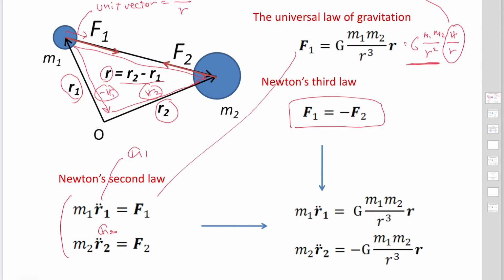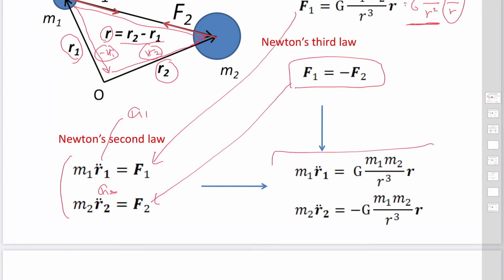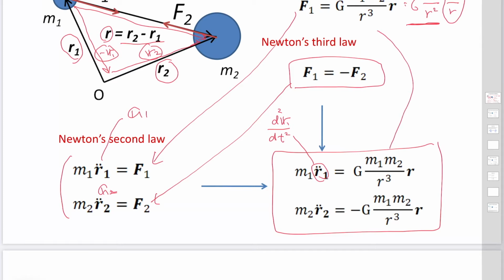Then you can substitute F sub 1 and F sub 2 here, and you will get the equation of motion for the two objects: m sub 1 r sub 1 double dot. Dot means a derivative with respect to time, so this is the second derivative. Then substitute F sub 1 here. This is the equation of motion.